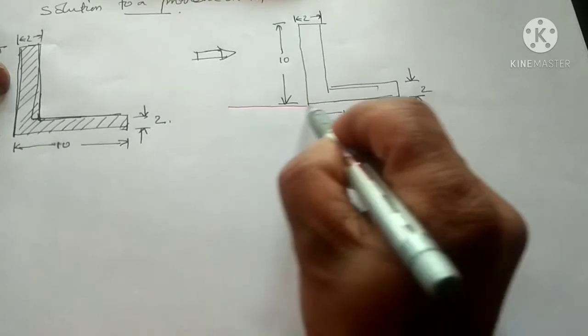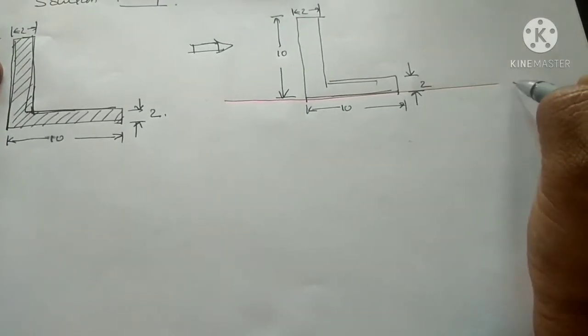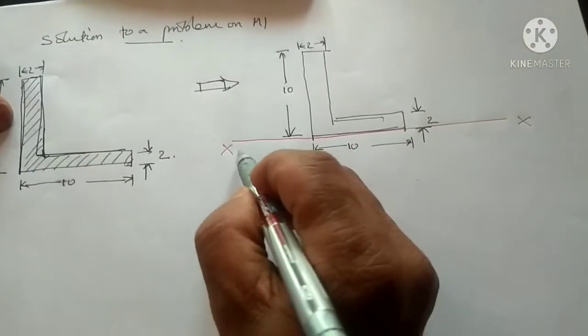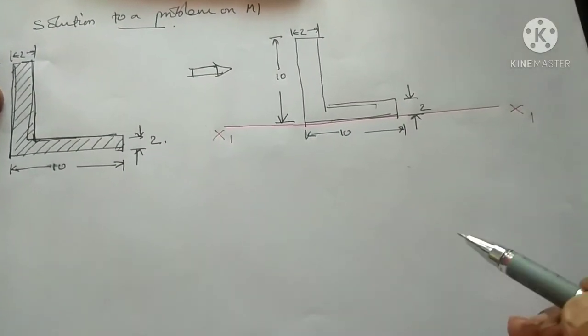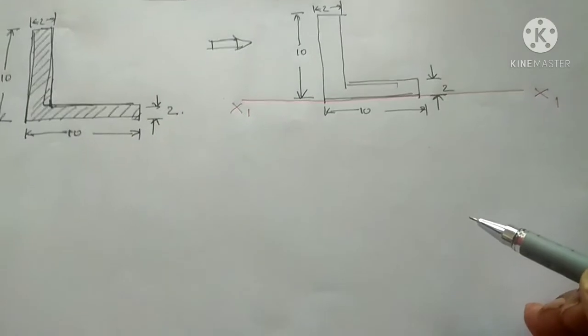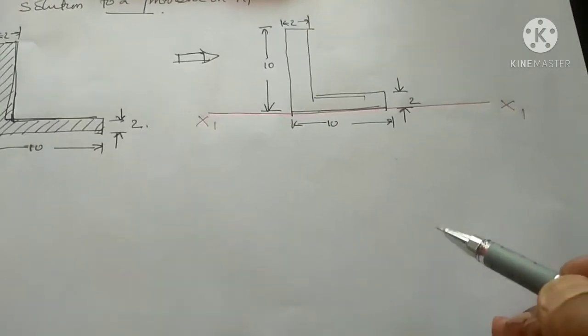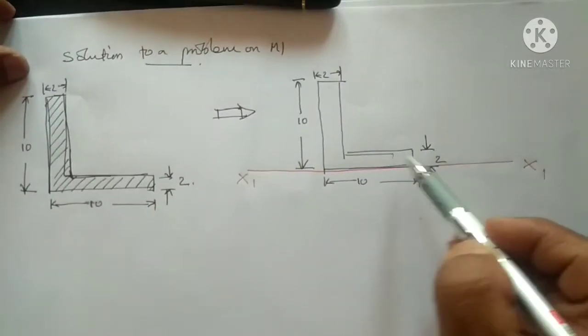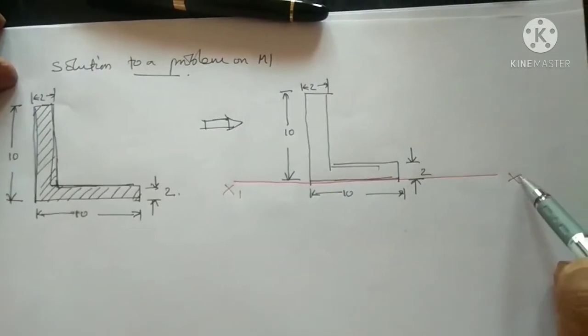Say this is our reference axis, X1, X1, the horizontal reference axis. We need to find out the moment of inertia of this composite area from this reference axis.